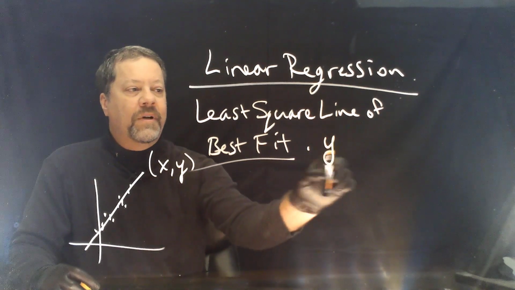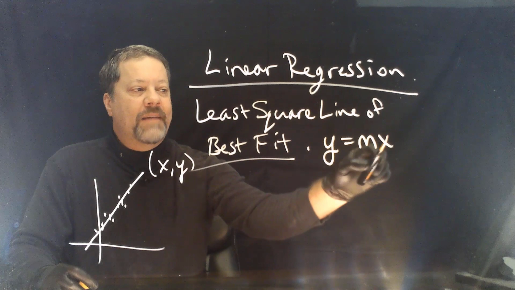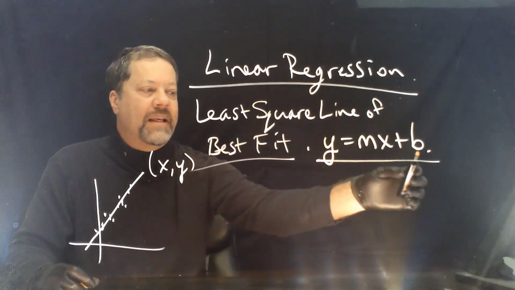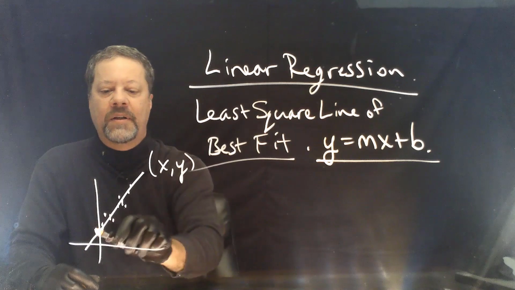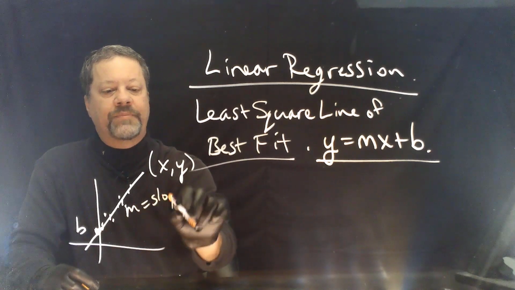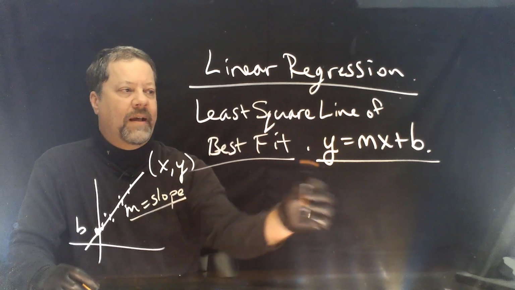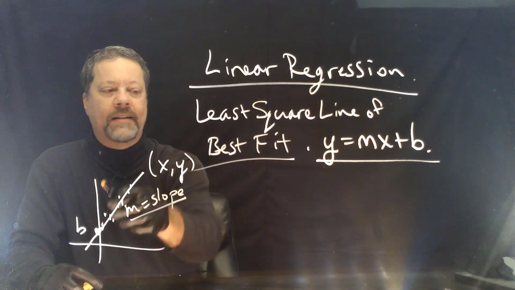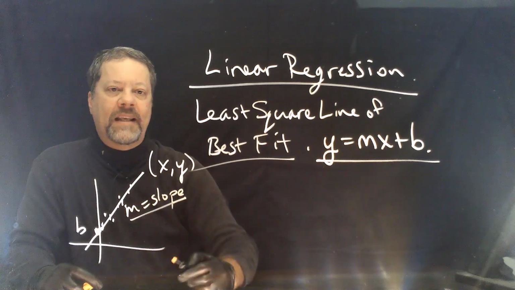This will give you a line y equals mx plus b with a slope of m, and b is the y-intercept. So b is here, m is the slope, and we have formulas that will give you, given a collection of points like this, the slope and the intercept.